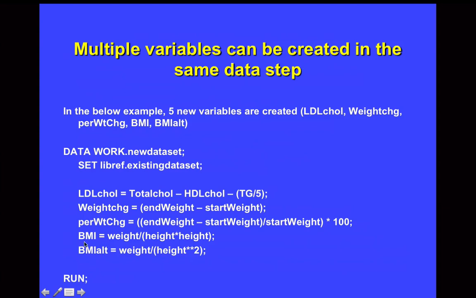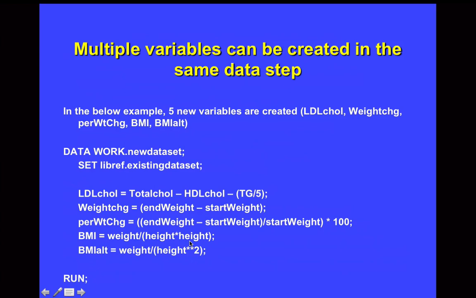And I'm creating that variable first in the first example here by defining a new variable simply named BMI and setting it equal to the value for the weight variable divided by the product of the values for the height variable. So in order to get the squaring, I'm simply multiplying height by itself in the denominator.